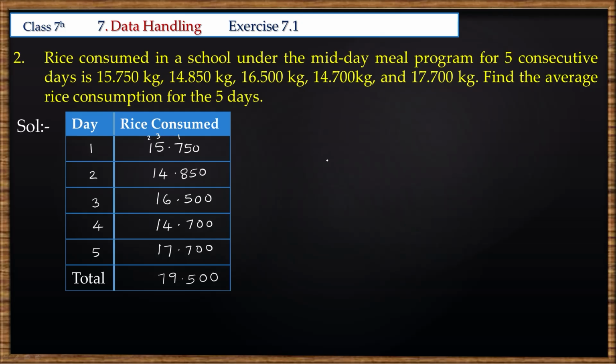Now we will calculate the average rice consumption. Average rice consumption is equal to, so what is the average formula? Sum of all observations by number of observations. Here observations are quantity of rice.